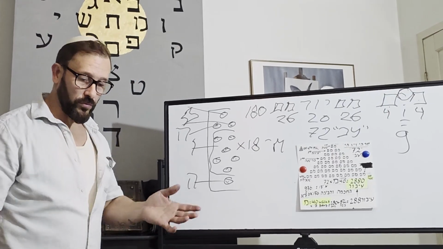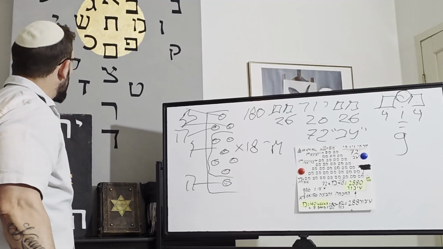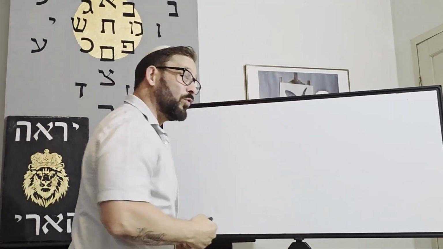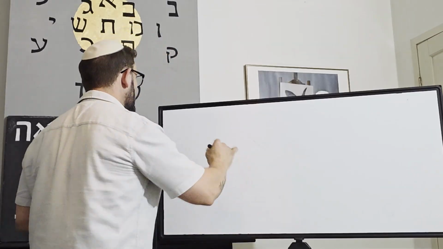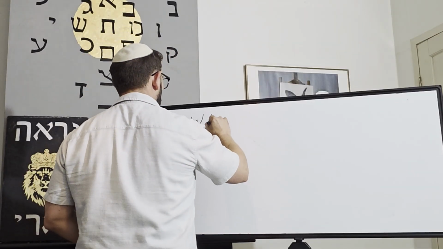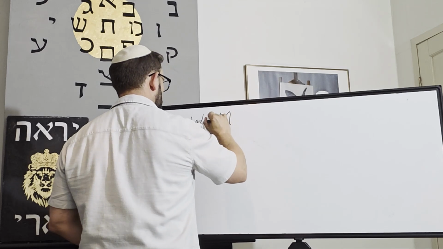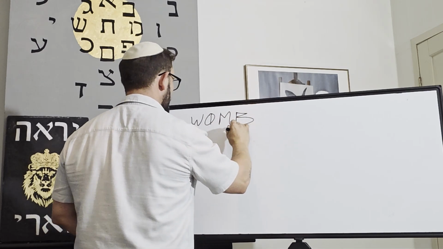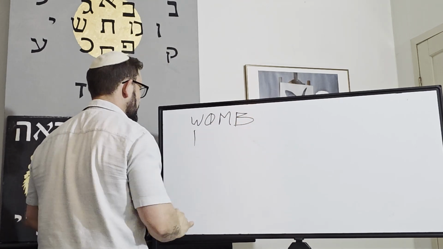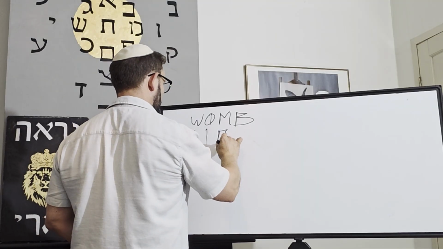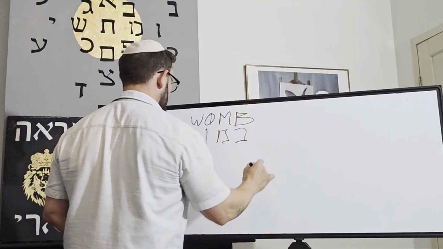But then before we go into the H2O scientific facts, I want to show one more thing, because if we would write womb, so the womb in English, womb, sorry, that is a vav, a mem, and a base, okay?